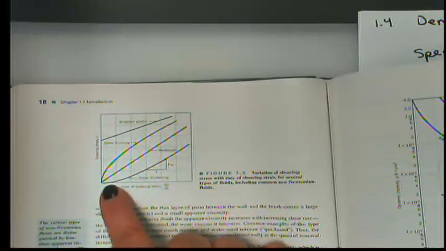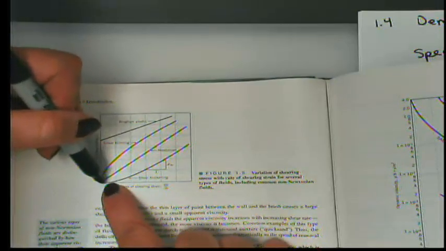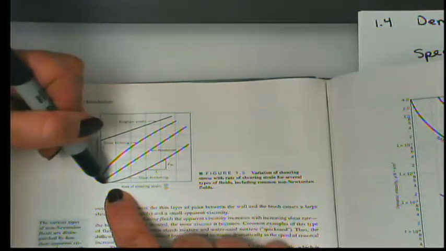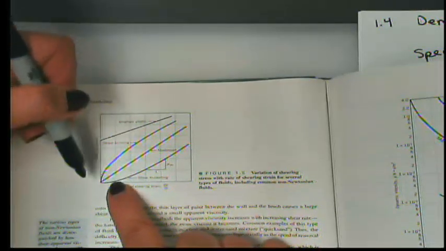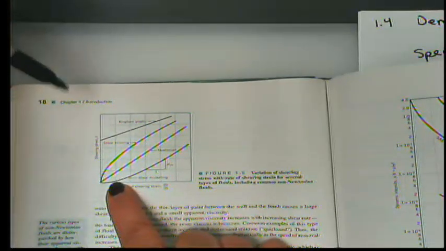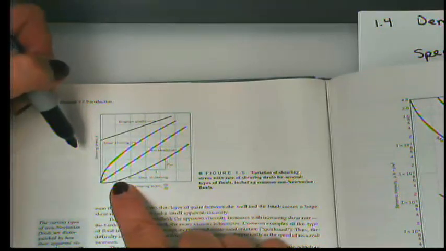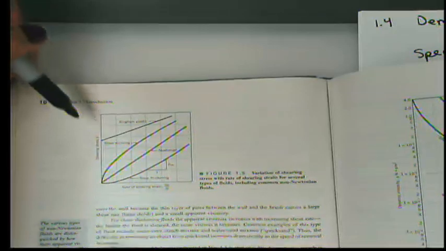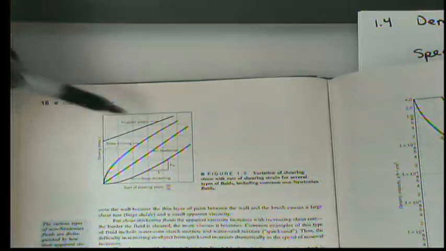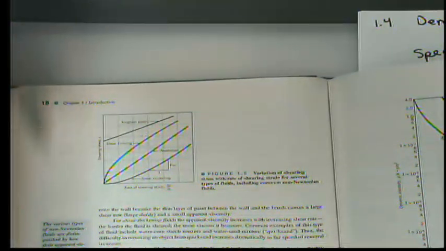The best way to think about this is when you start to apply some change in velocity to that fluid, it doesn't respond by resisting very much at first, and then that resistance increases. Whereas with a shear thinning fluid, that opposite effect is observed.